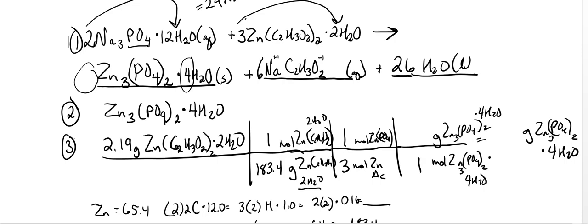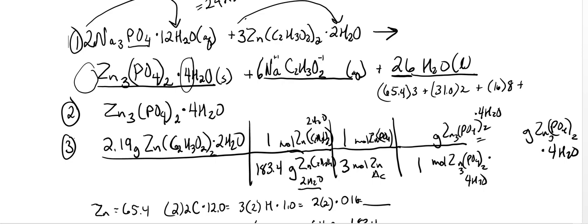For the, okay, so you're going to have to do it again. 65.4 times 3. Phosphorus is 31 times 2. Oxygen is 16 times 8.